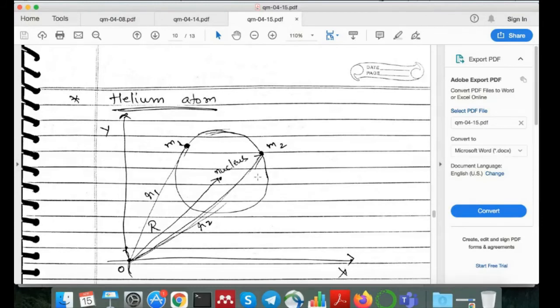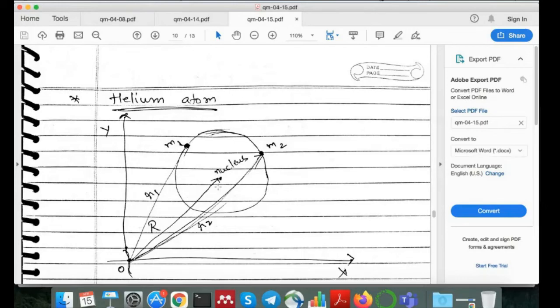So what would the Hamiltonian look like for a three-body problem? First of all, there has to be a kinetic energy term associated with each of these parts. So for the first electron, the second electron, and the nucleus, there has to be a kinetic energy term associated with it. That is given. And then what is the potential energy?